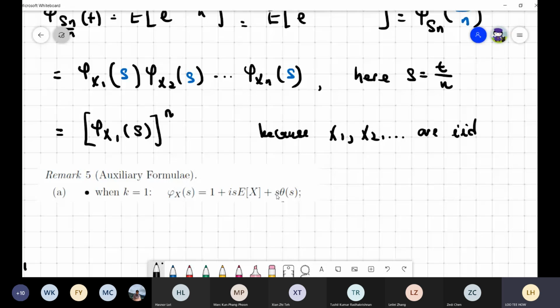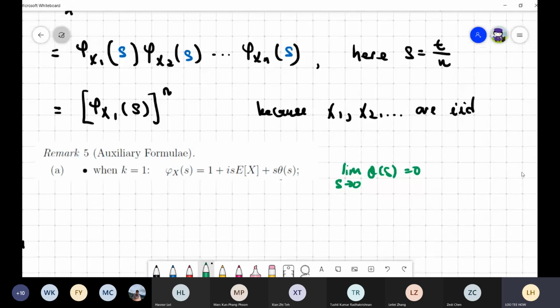So what is this theta(s)? This theta(s) is the error term having these properties: the limit of s to 0 of theta(s) is equal to 0. Okay, so then we just need to substitute this into here. And also, because the mean is equal to 0, this one can be written as 1 plus 0 plus s theta(s).